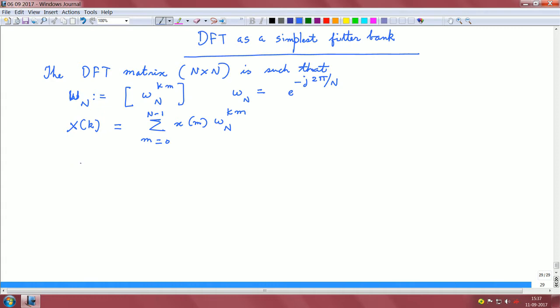Now we have the inverse Fourier transform, which links the time domain samples and the frequency domain in an inverse way.